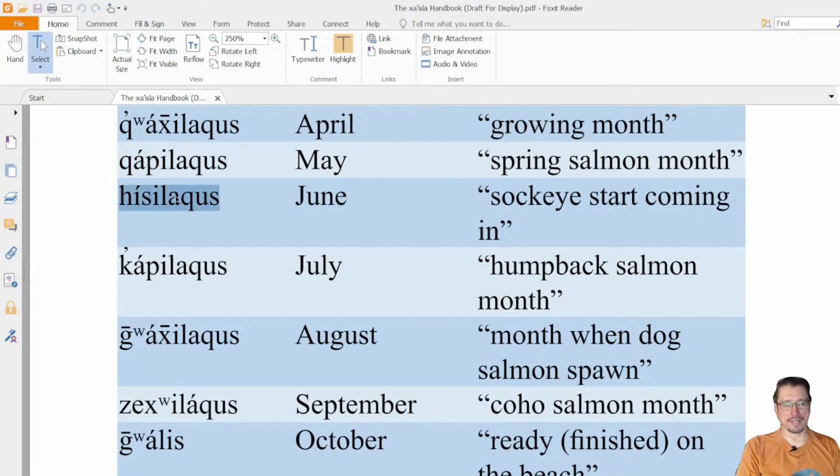Next is á'isla. This is June, and this is when sockeye start to come in. So hasten is sockeye in á'isla. á'isla is the time of sockeye.